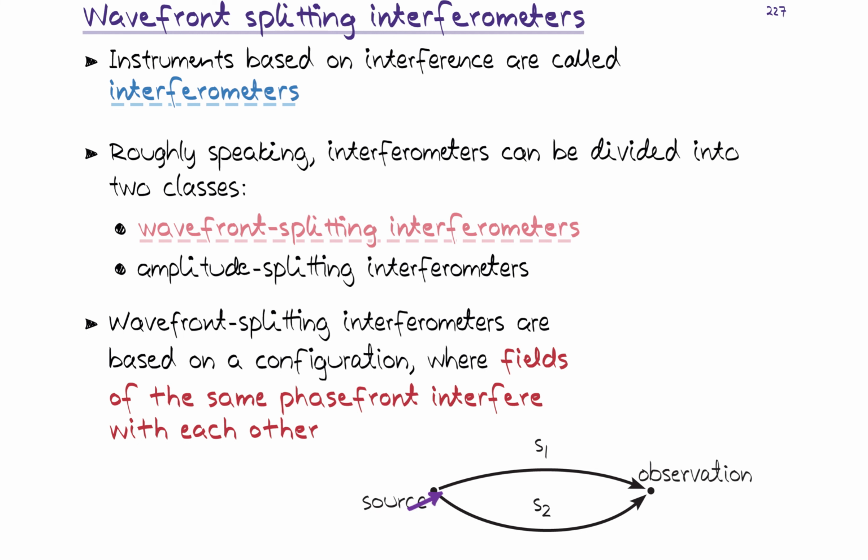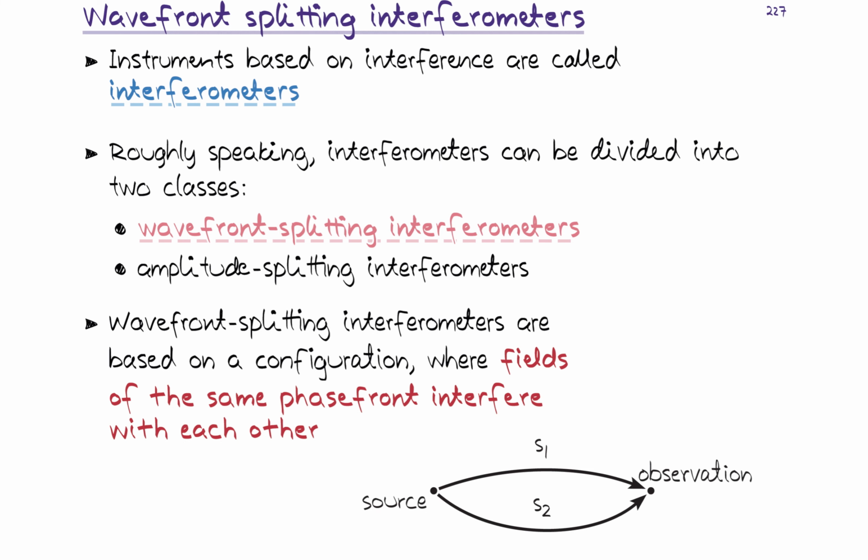Of course, as in my previous lecture, we are implicitly assuming that the separation between the path lengths is smaller than the coherence length, so that we have nice coherence properties between the two interfering fields. Nevertheless, this is the configuration that we are considering now.